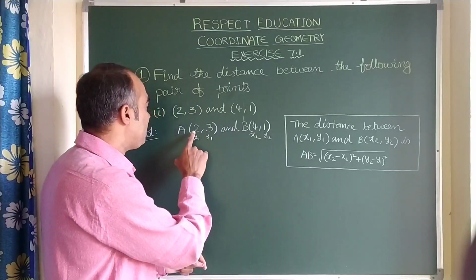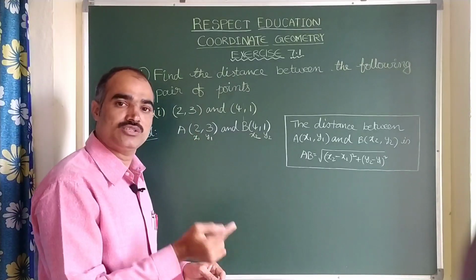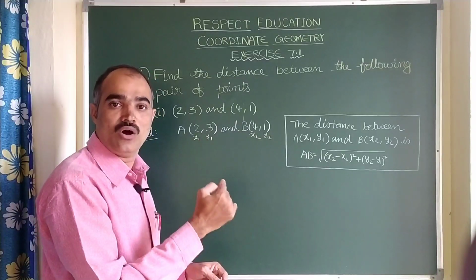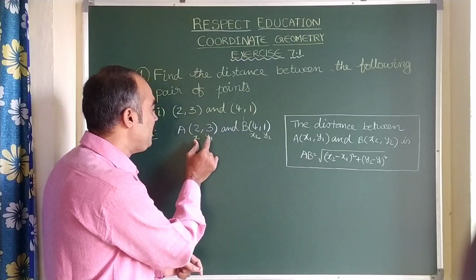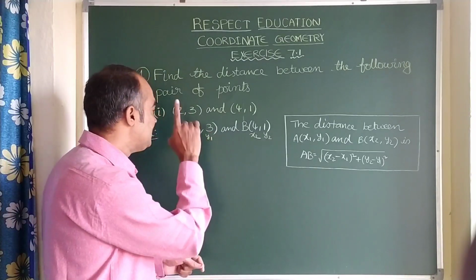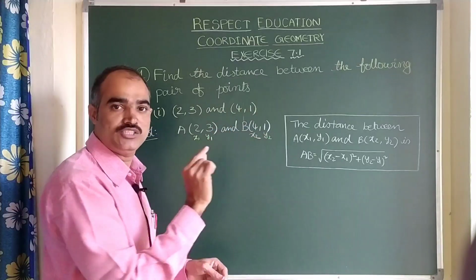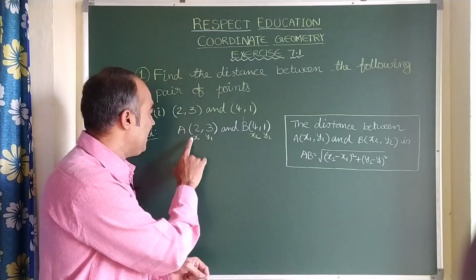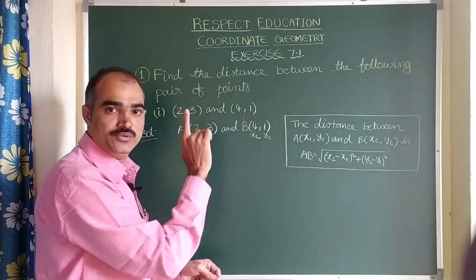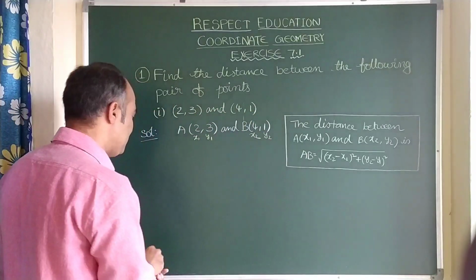The first value is the x coordinate, also called abscissa. The second value is the y coordinate, also called ordinate. So every point has one x value and one y value. Please do not take x1, x2, y1, y2 like that. Here A is x1, y1 and B is x2, y2. Is it clear?